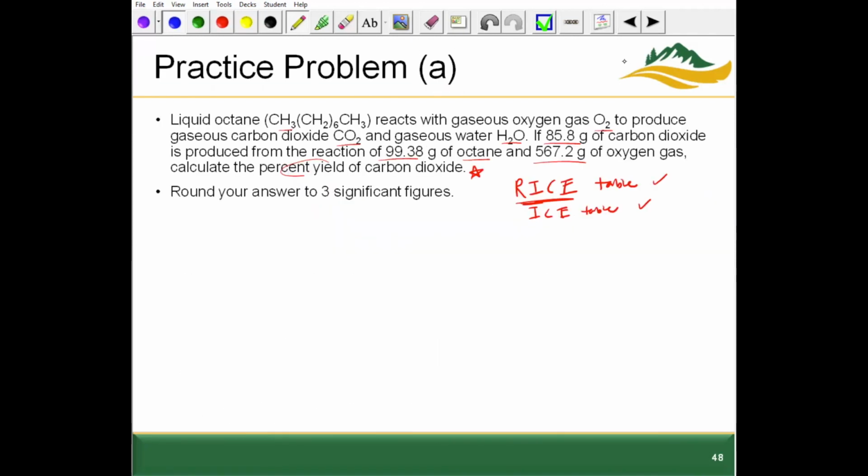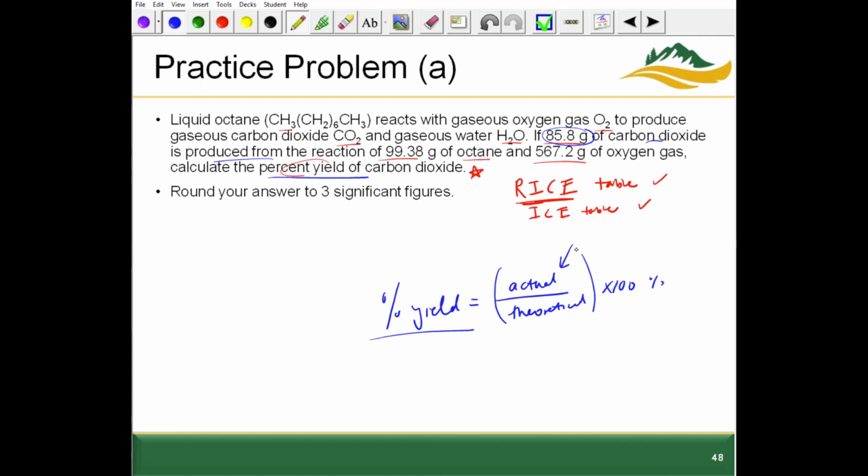So we ultimately want to calculate the percent yield of CO2. To calculate the percent yield, we know we have 85.8 grams of carbon dioxide that are produced from this reaction. That is the actual amount of CO2 that was produced in the reaction.